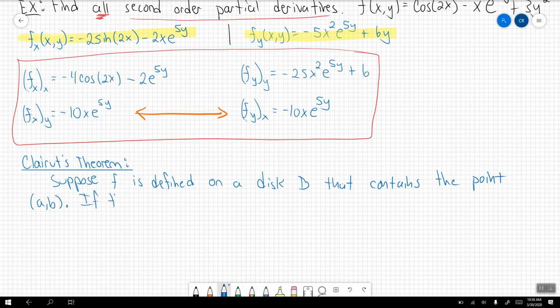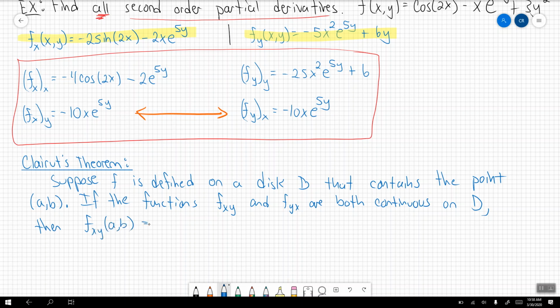If the functions f sub xy and f sub yx are both continuous on the disk D, then we actually get that f sub xy evaluated at (a, b) is equal to f sub yx evaluated at (a, b).